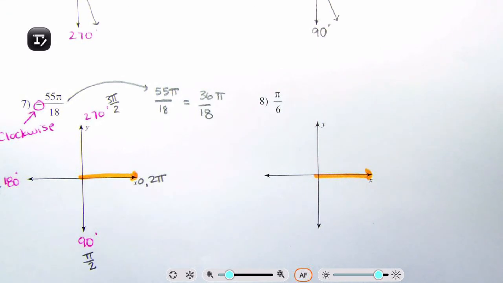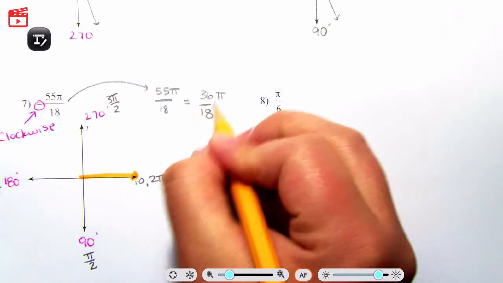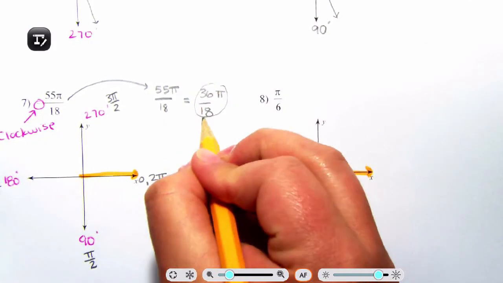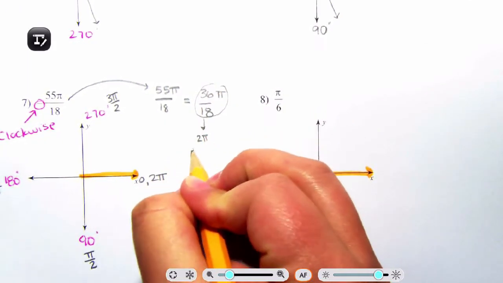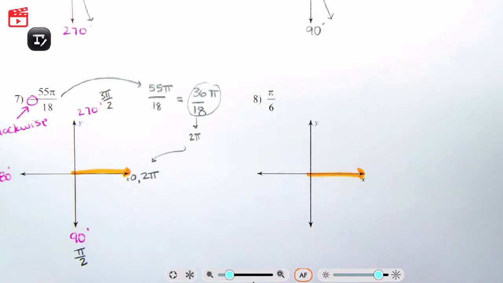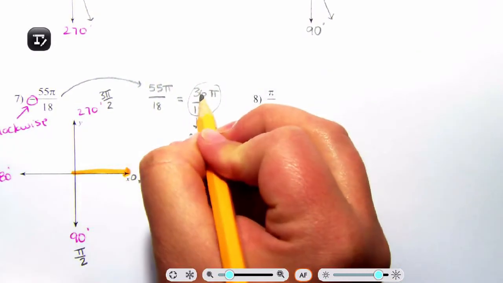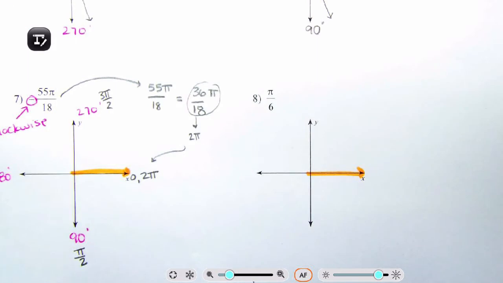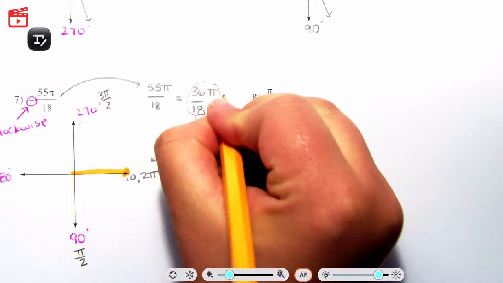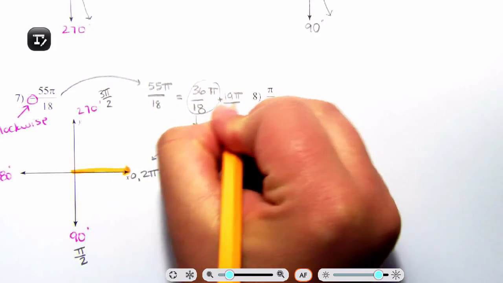Because 36 divided by 18 is 2, and so this is equal to 2 pi. And 2 pi, what do we know about 2 pi? 2 pi is one full rotation. I have 36 as my numerator. I need 55. So 55 minus 36, I need 19 more.